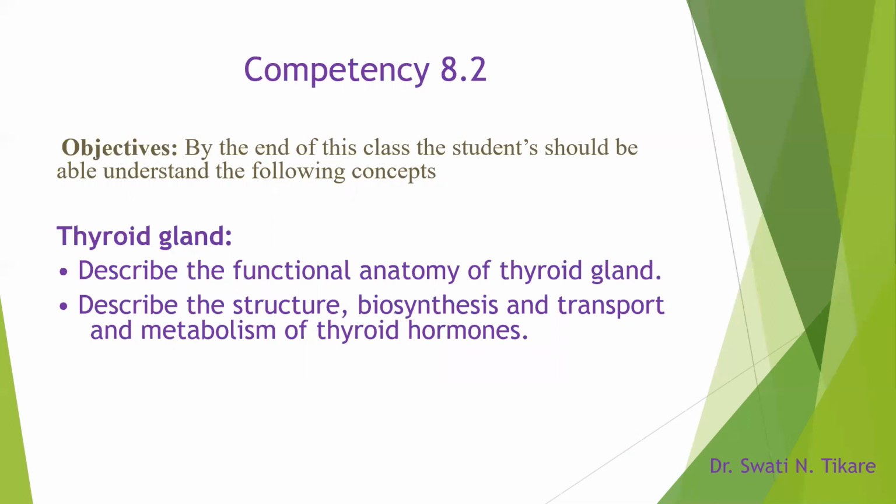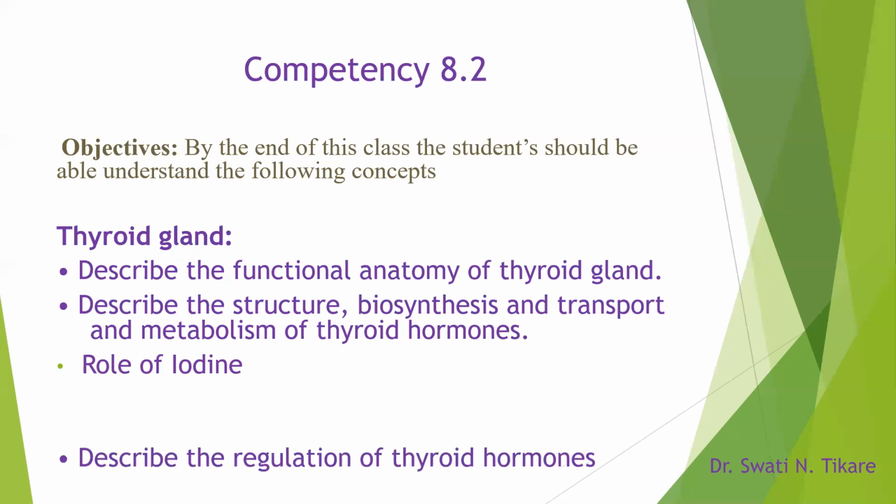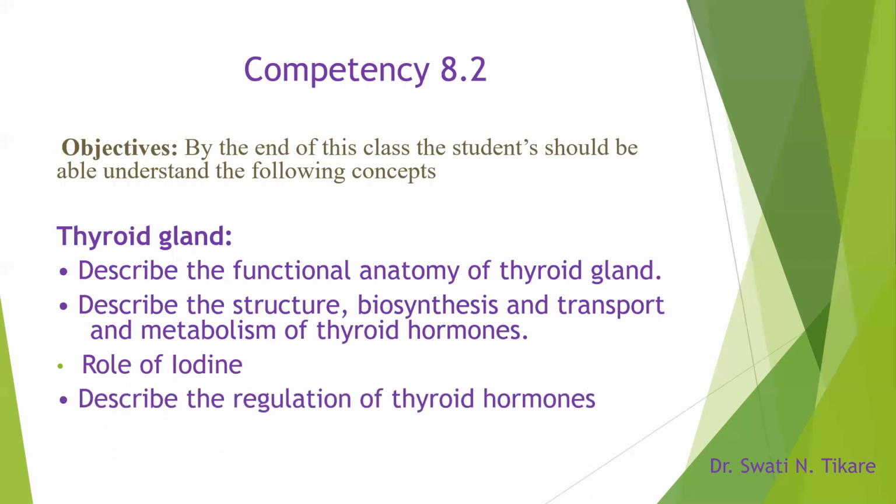We have understood the thyroid hormone biosynthesis stepwise, how it is transported in the bound form and free form, and how it is metabolized in the liver. Then we have understood the role of iodine, the minimum requirement, with excess and decrease also causing problems. We have described the regulation of thyroid hormones based on two: one is the iodine, and second, hormonal regulation of thyroid hormones.